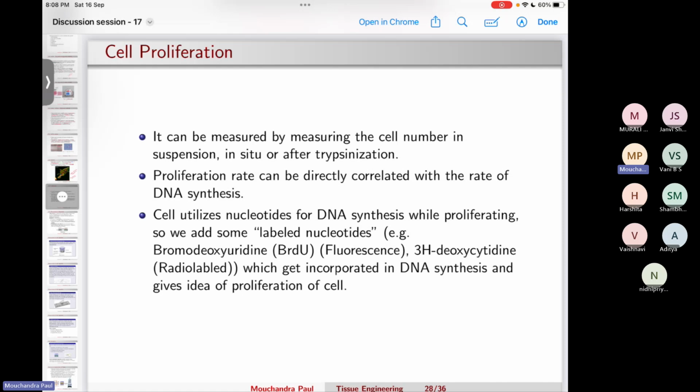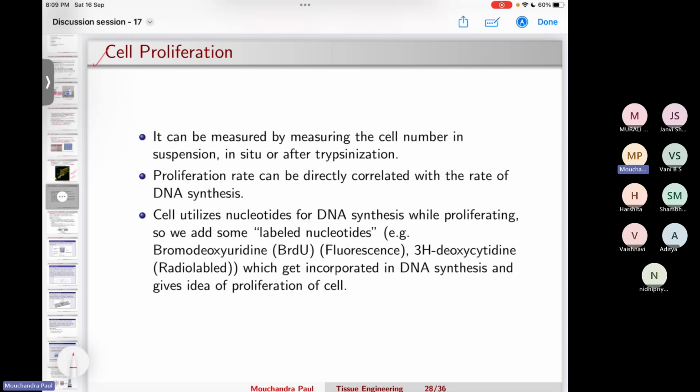So when you want to answer questions like whether cell division has stopped, up to what cycle, or up to what age the cell is still dividing, the number of times, then the assays that are used to quantify cell proliferation are very helpful.